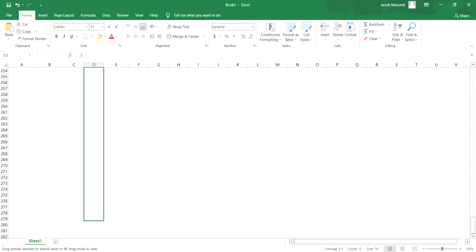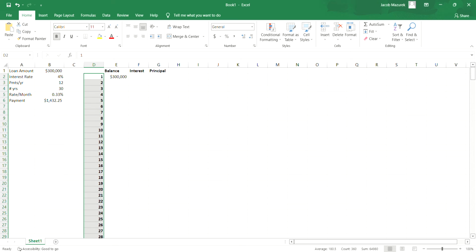I'm going to do that all the way down to about 360, somewhere around here. I figured that out because with the header and 360, it would be 361 lines down. And we're going to make all of those bold.